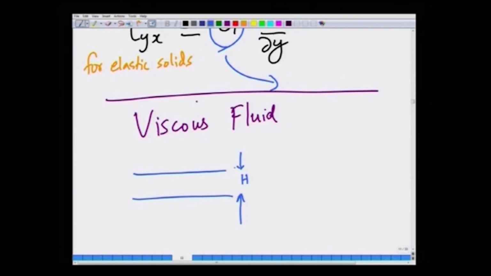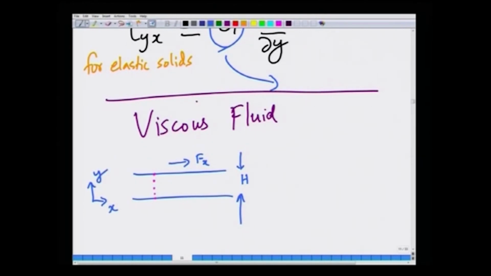Now, I am going to mark points before the application of stress with pink. The moment I apply a stress, that is the moment I apply a force in the x direction, let us keep the coordinates like this, x, y.